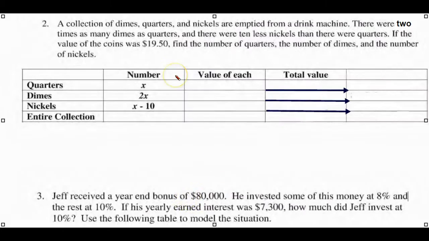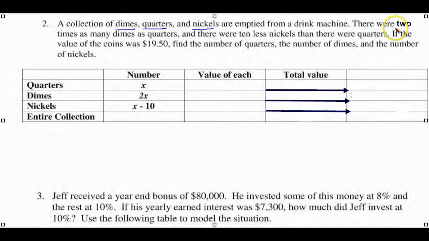In example 2, this is a typical money problem where we have a collection of dimes, quarters, and nickels that are emptied from a drink machine. Now this was an error in the textbook. They had 4 here.